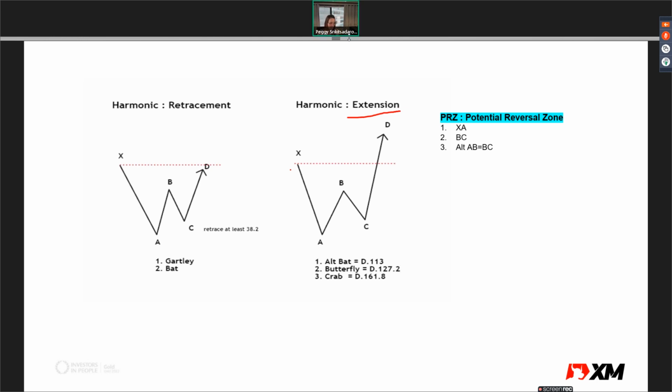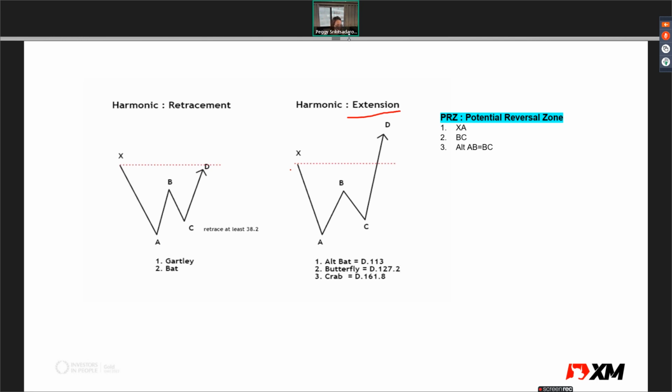For the harmonic pattern, I don't know how some of you use it, but H1, H4, or even HD you can also use. Some people also like to see the pattern in lower time frames like H1 or M30, but to me, I like to look at the bigger time frame.